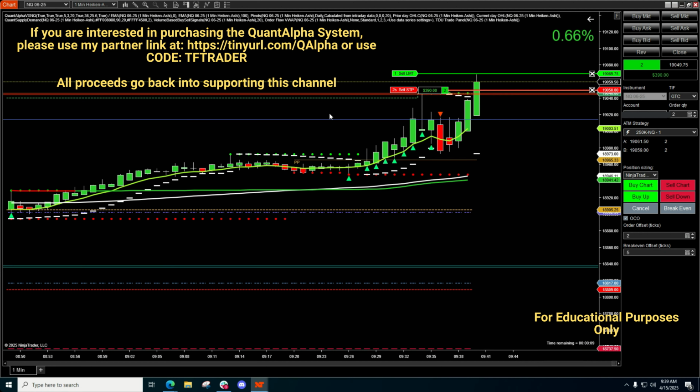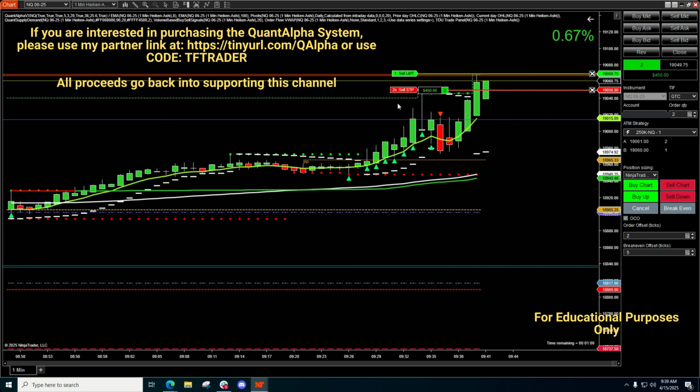We hit our break even automatic trail. So let's see if we can get our first target hit. Trying.